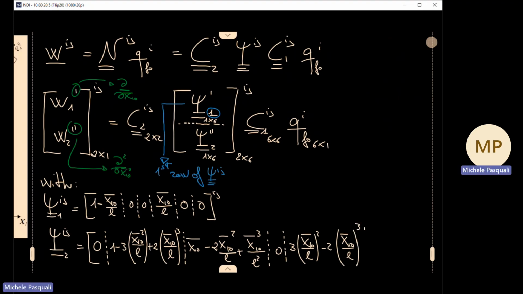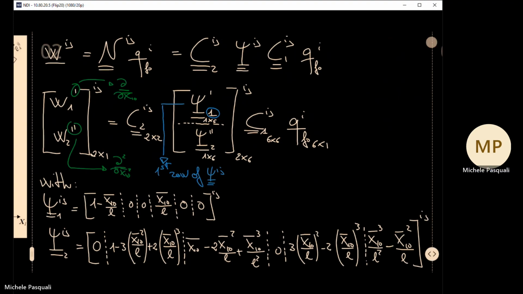And then we have the last term, which is x1, 0 to the third over L squared minus x1, 0 squared over L, and that's it, ij, of course. Okay, it's always the same row. Good.